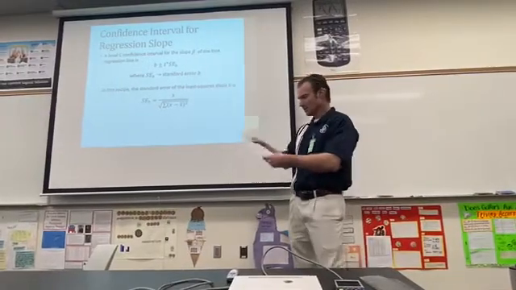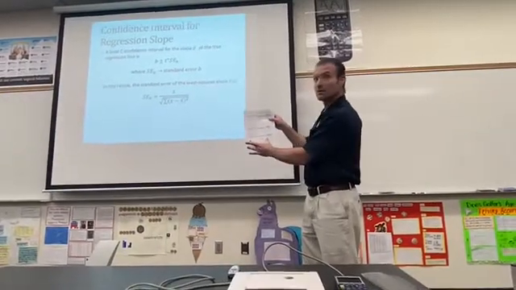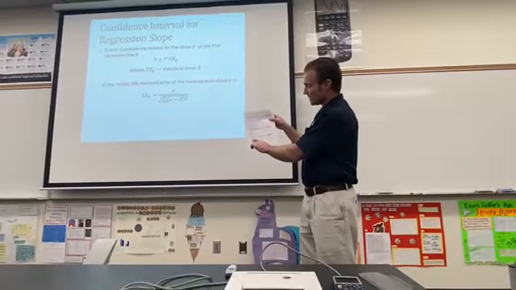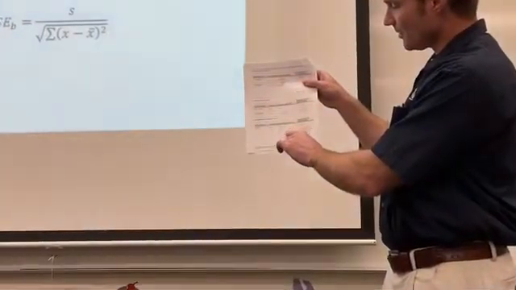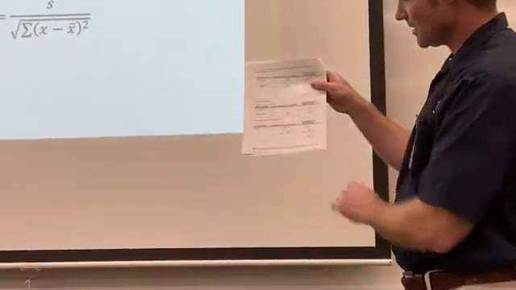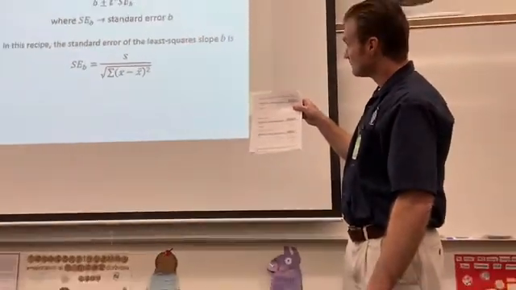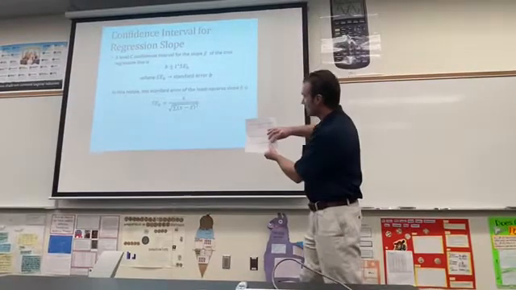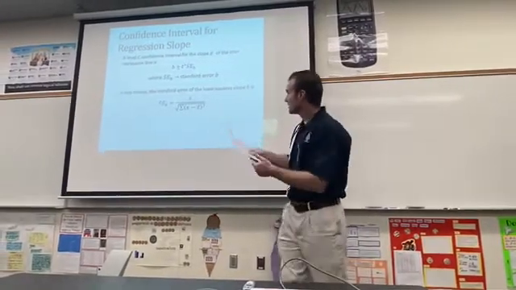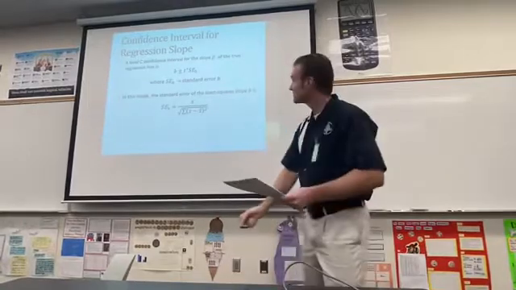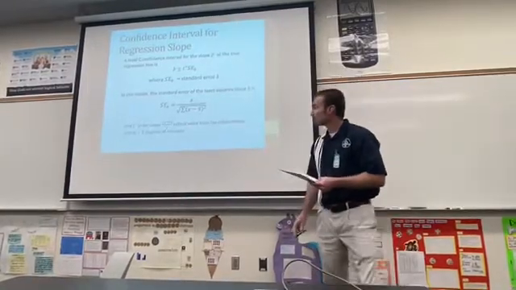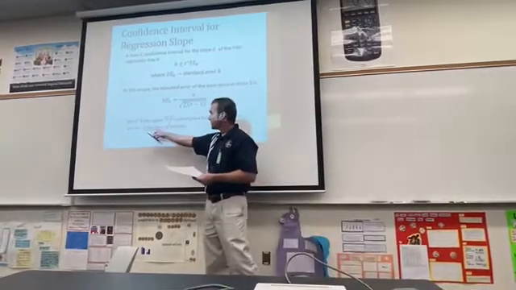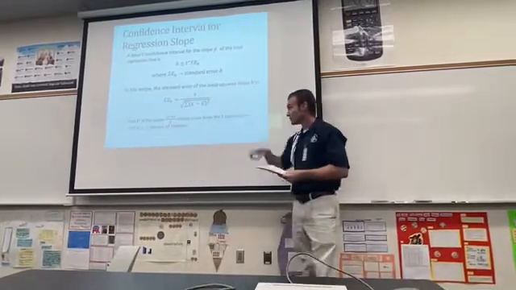Okay, and here it is. It's the very bottom section on that back page for the slope b and all of the formulas that you need. It shows this formula right here. And again, I'm reminding you, this is a t distribution, so we have n minus 2 degrees of freedom.